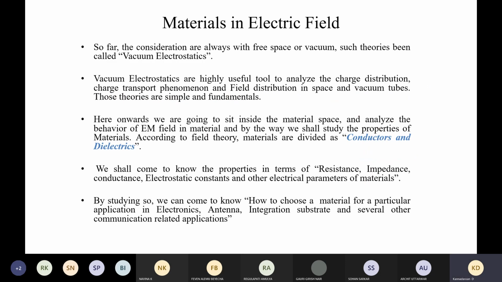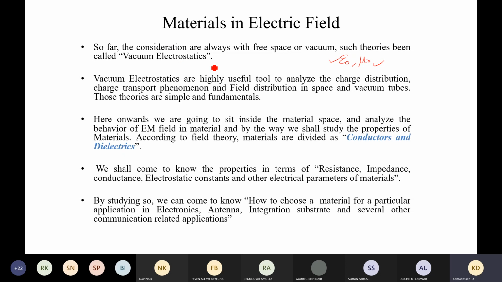In the case of materials, the electric field and magnetic field we have seen so far were traveling in empty space, where nothing is there. There we generally use two quantities, epsilon naught and mu naught. These are the vacuum permittivity and vacuum permeability, and their values depend on how the electric and magnetic fields are distributed over the structure.